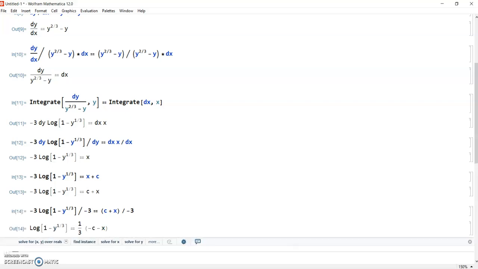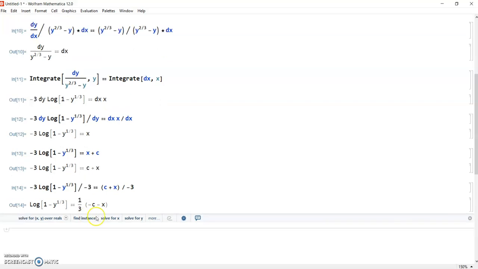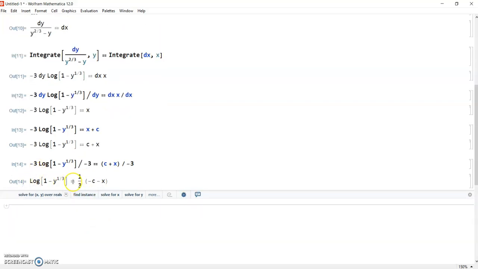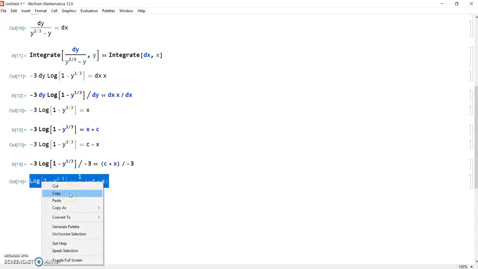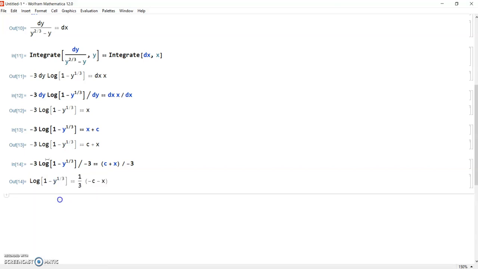So here, on the left hand side it's log and on the right hand side it's log. Now for the removal of log, I know that I can remove this log by just taking the exponent. I don't have to put any calculation over here, I can just remove this from here.